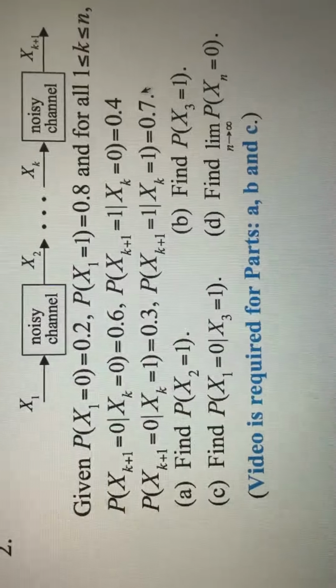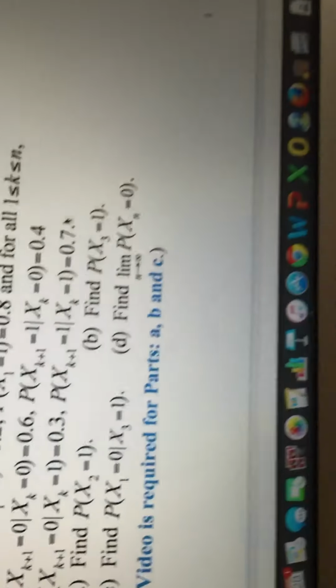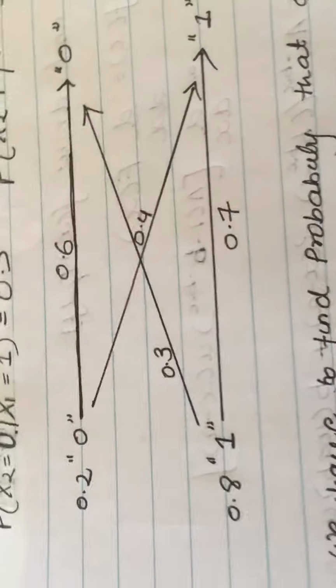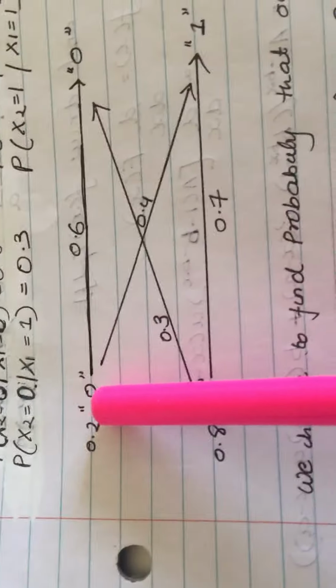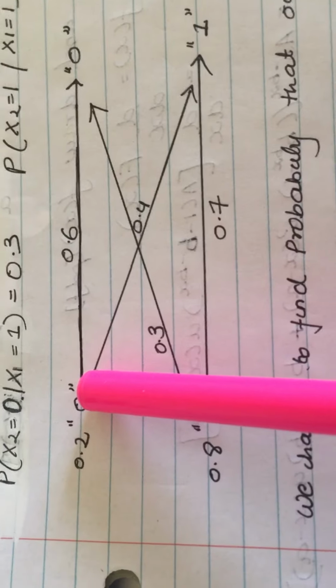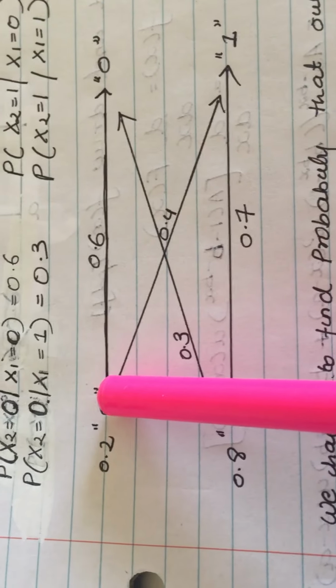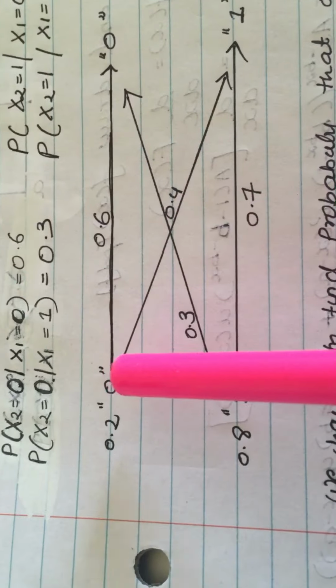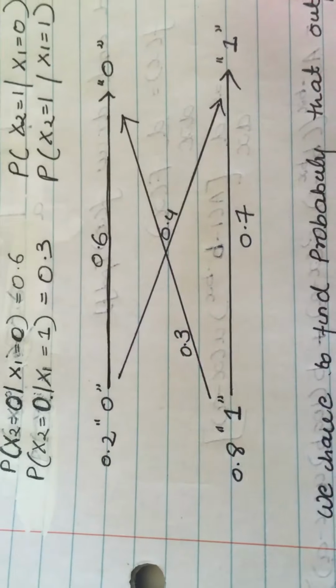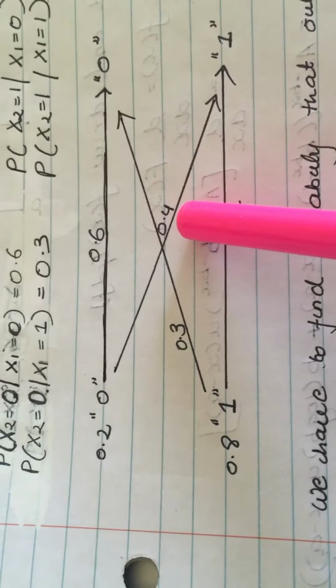Now these 6 values can be diagrammatically represented as this. Given that input is equal to 0, the probability of getting an output 0 is 0.6. Given that input is equal to 0, the probability of getting an output 1 is 0.4.